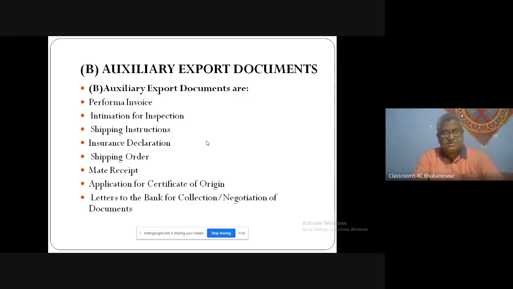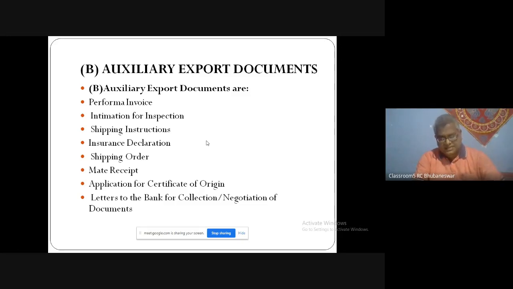Another document everybody always encounters in your book is called the bill of lading. Bill of lading means at the time of exporting or importing of goods, there is an agent called a forwarding agent, or export forwarding agent.